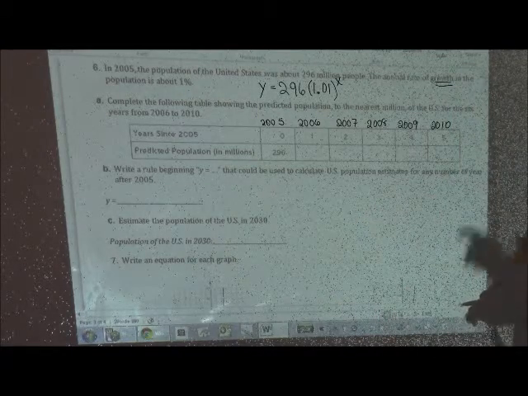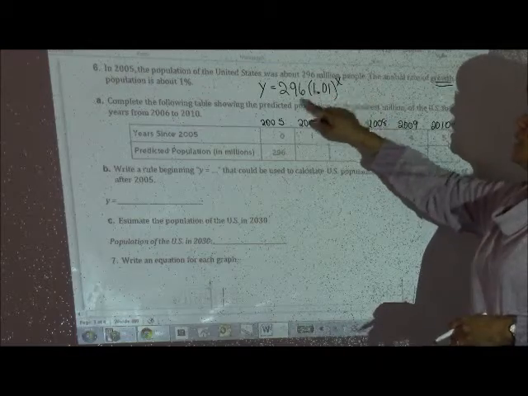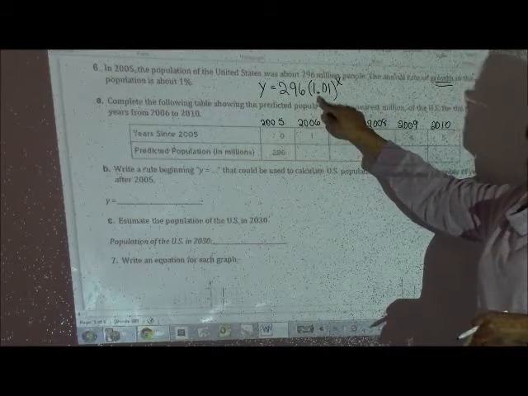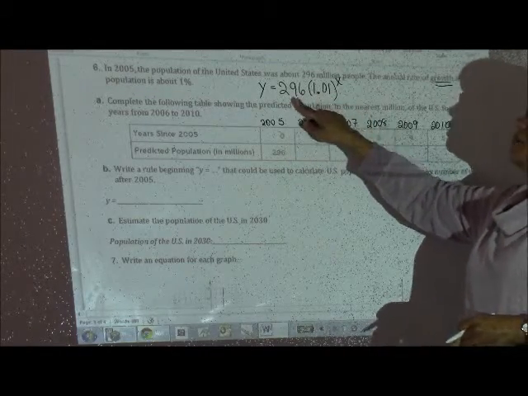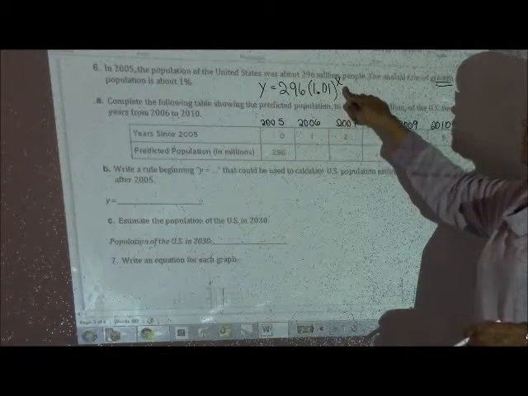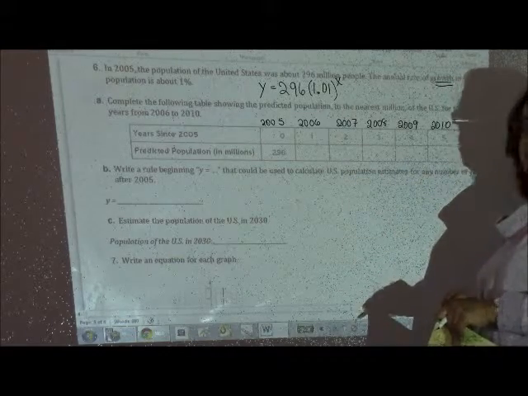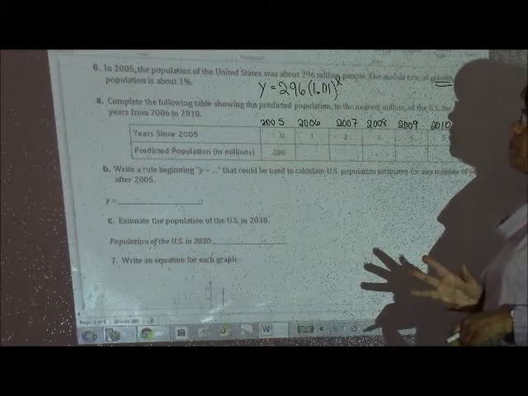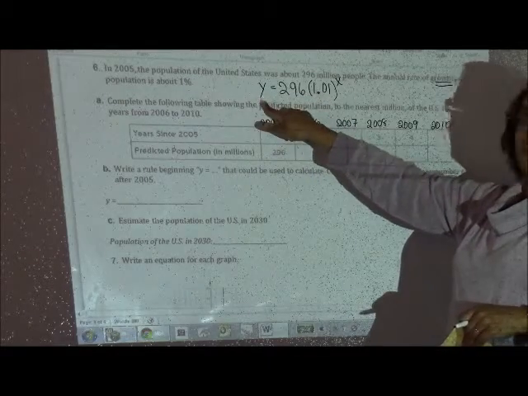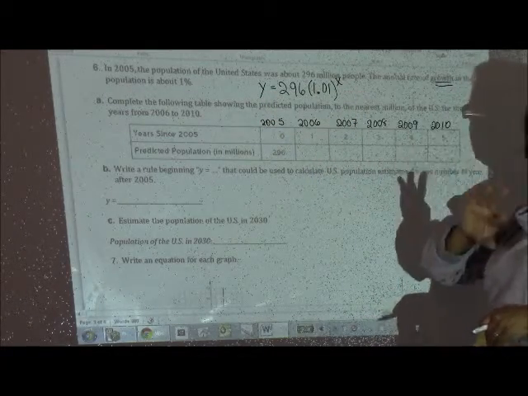So now what we can do is put that in the calculator, or we could plug in 0 the first time, and that's just going to be 296, because anything to the 0 power is 1, and 296 times 1 is 296. And then we're going to do this to the first power, and then the second power. So I actually use the table. Remember to go to your y equals and put this in, and then do second graph.